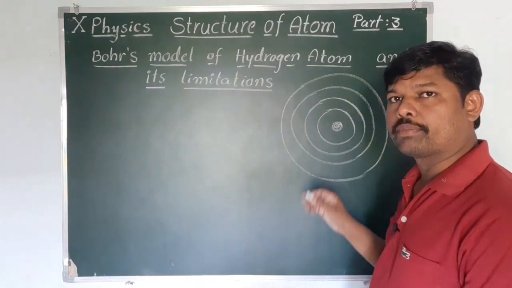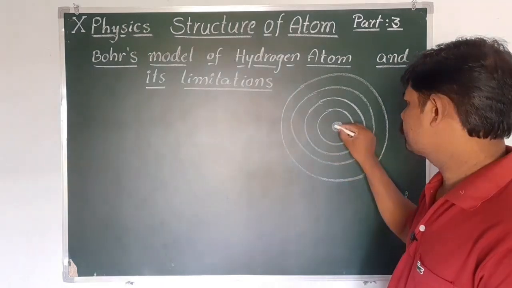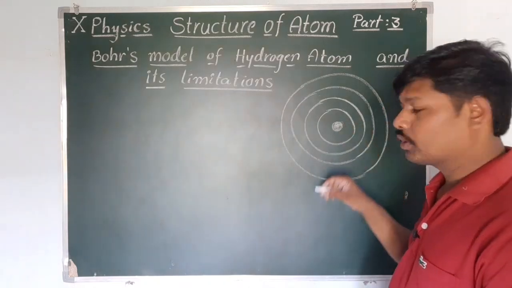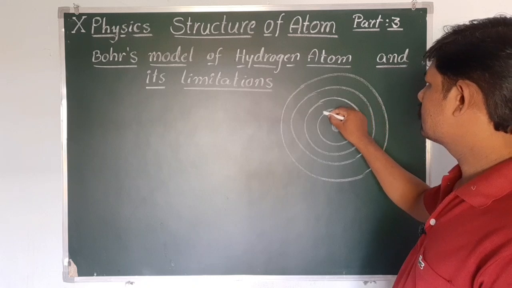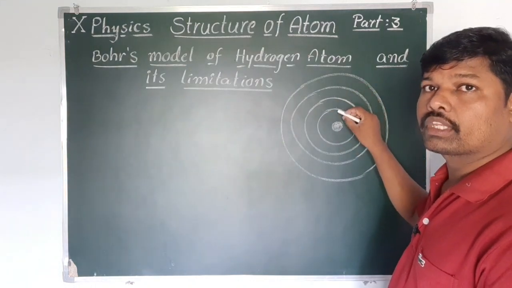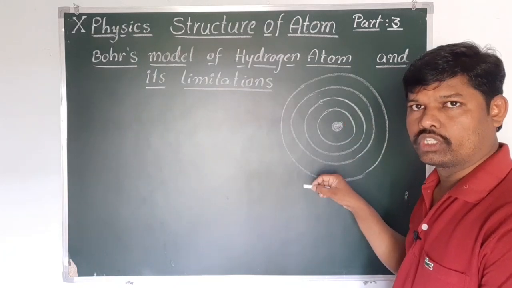If you observe these shells, this is the center of the atom. Protons are present in the nucleus. If you go away from the nucleus, there are shells. Each shell has a different energy. Which shell has more energy, which shell has less energy?